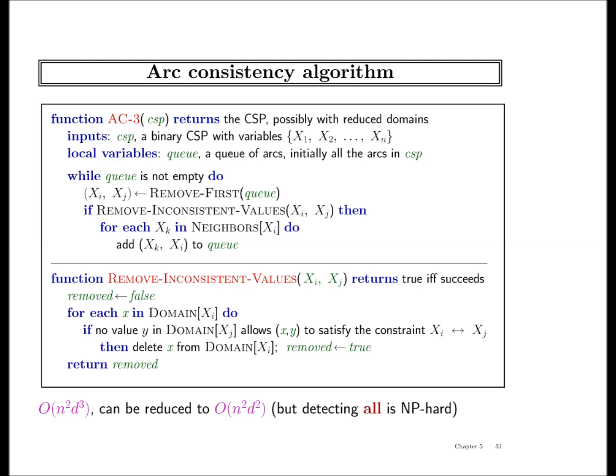Is this map two colorable? Can I color this map in two colors? No. Will arc consistency figure this out? Just the inference part, arc consistency, not search.